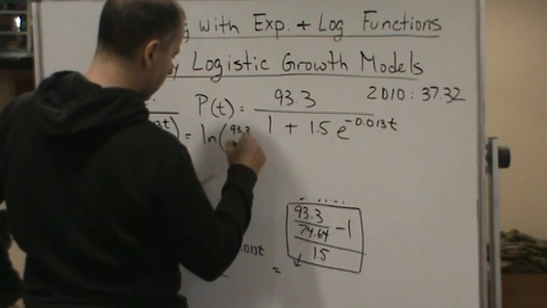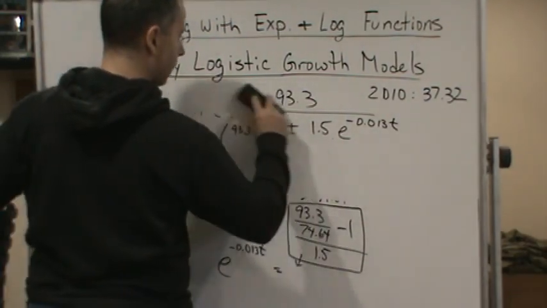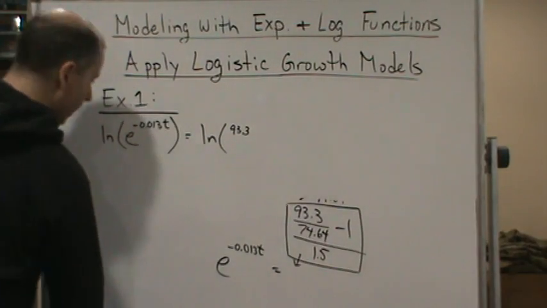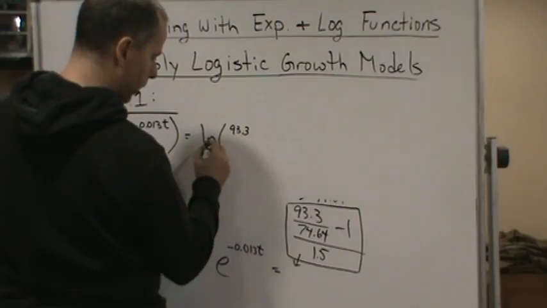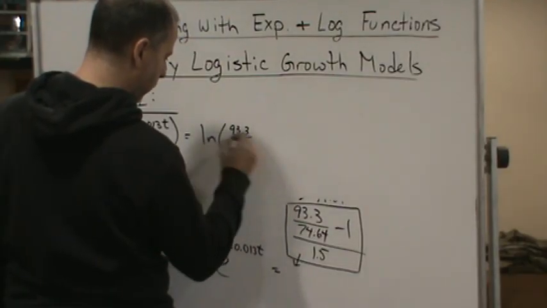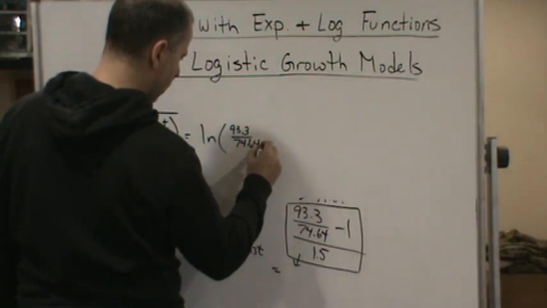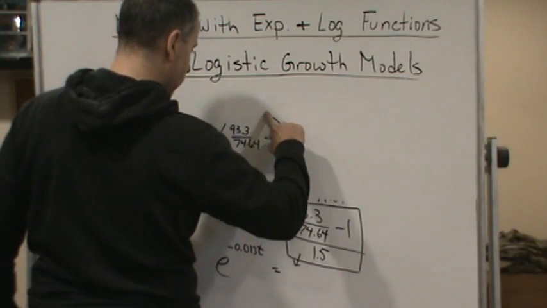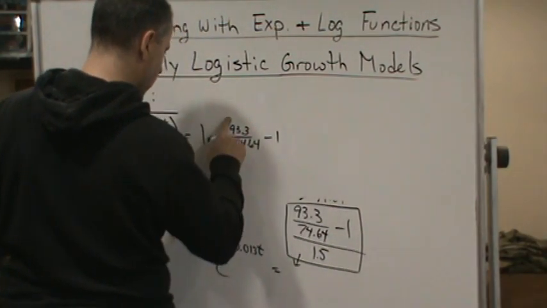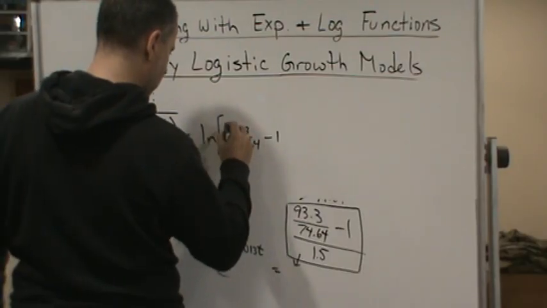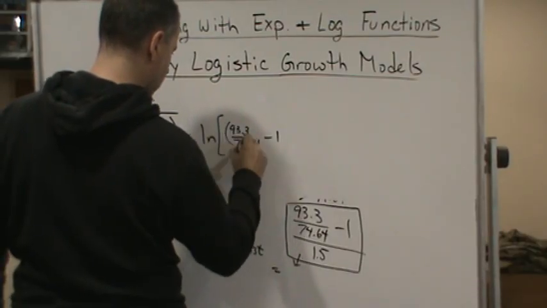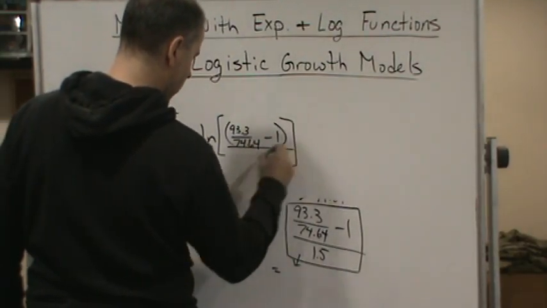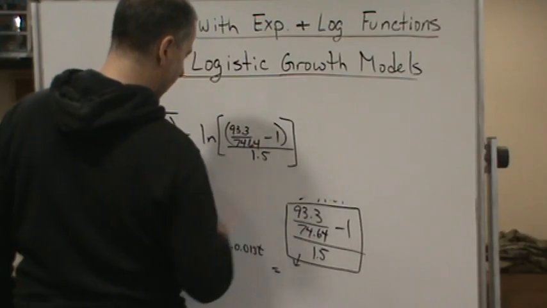The natural log of 93.3 divided by 74.64, minus 1, and this is all divided by 1.5, like that.